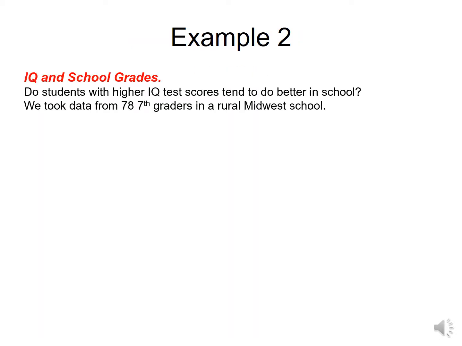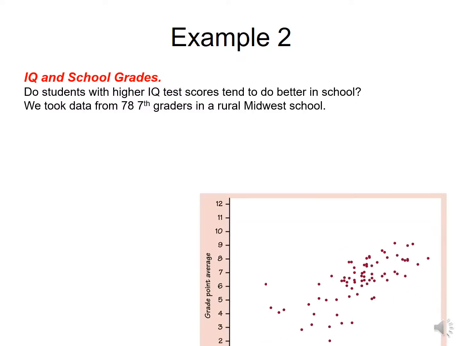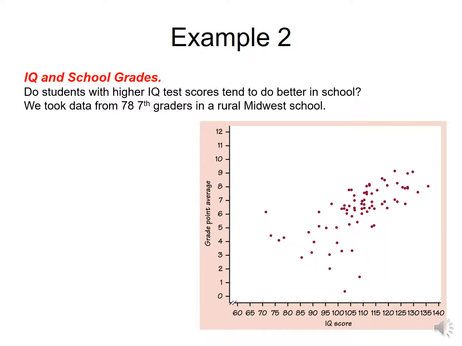So putting it all together, here we have students who took an IQ test, and we want to know if they do better in school. We took data from 78 seventh graders in a rural Midwest school. Again, direction, form, strength. And we're just going to go ahead and write this out as if we were asked to discuss the scatter plot on an AP-like exam.